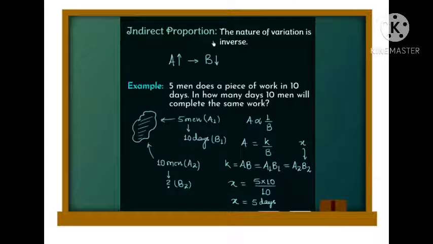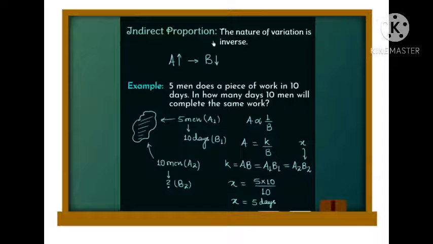So what do you think? The same work is being done by 5 men and 10 men. 5 men are taking 10 days, and 10 men will take how many days? It is certain that 10 men will take fewer days than the 5 men.